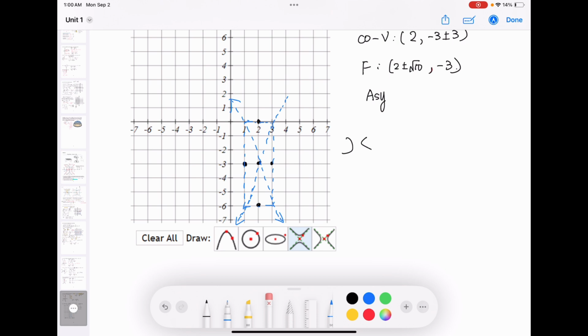So let's make it symmetrically. All right, what is the other part? We can graph our function, hyperbola. So go through the vertices and getting close to the asymptotes here and here.